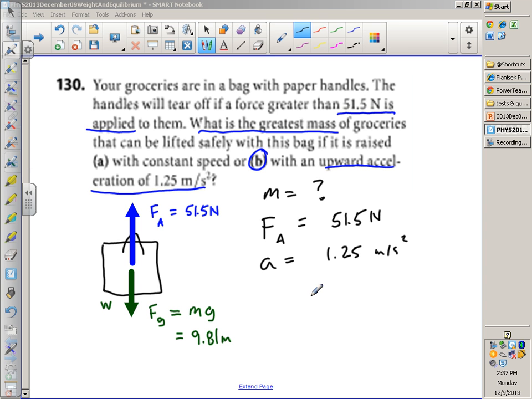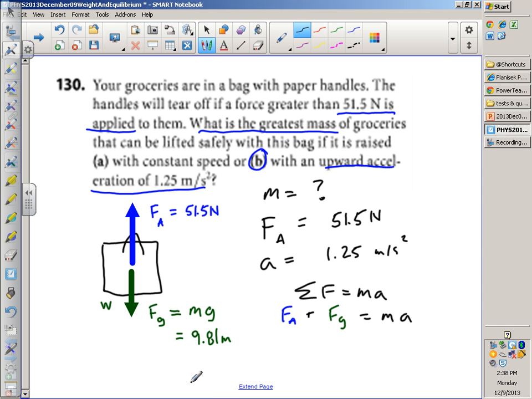When we analyze an accelerating object, Newton's second law tells us the relationship between net force, mass, and acceleration. On the left-hand side, net force, what does the sigma tell us to do? Total, the sum, right? There are two forces that are acting on this grocery bag: F of A plus F of G. The sum of those two forces is equal to m times a.